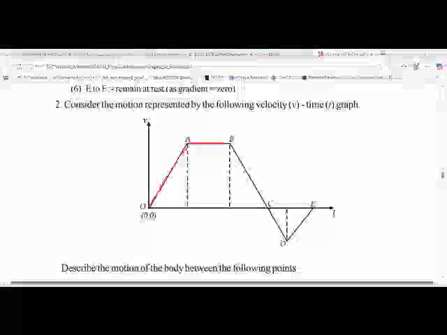So AB is represented by uniform velocity. BC, deceleration. Tell me, does BC represent coming back or not?